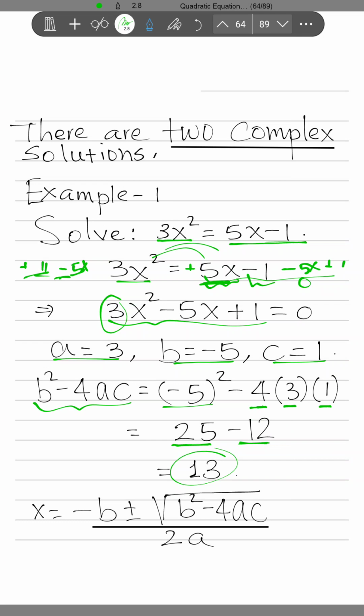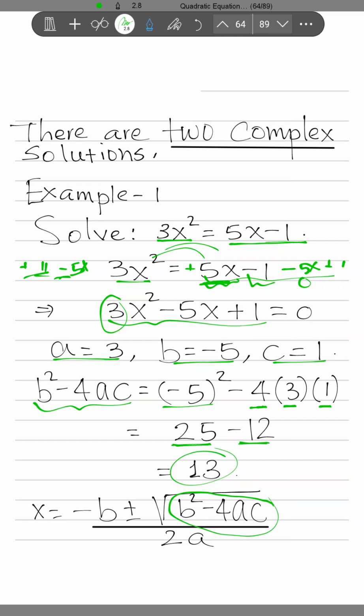When we get the value of b squared minus 4ac, we have done two things. One, we now know the characteristic of the solution sets. The other, we have solved b squared minus 4ac, so we don't need to do it again. We just substitute that value here in place of b squared minus 4ac.